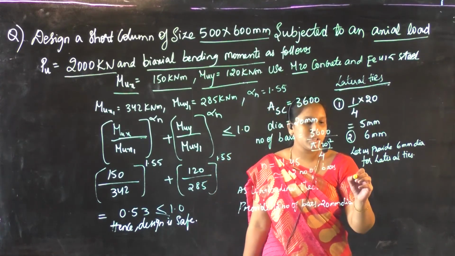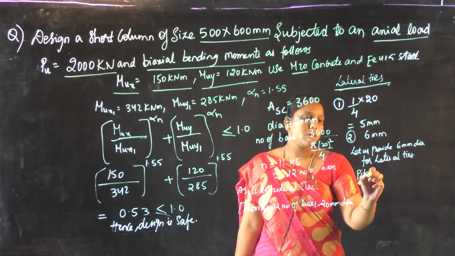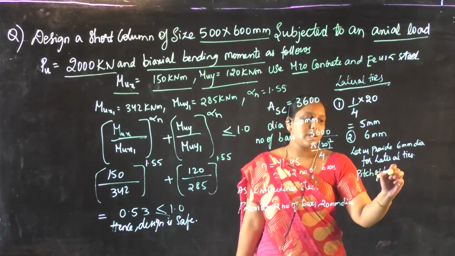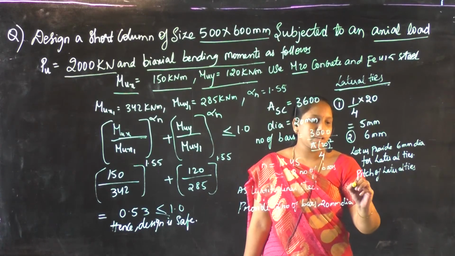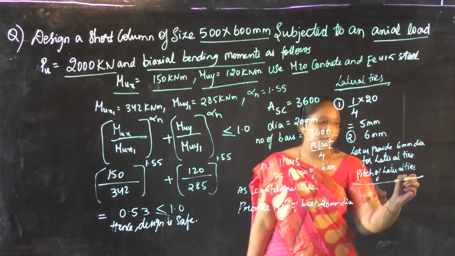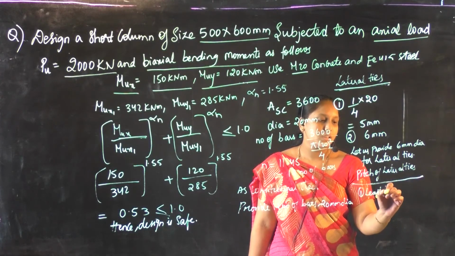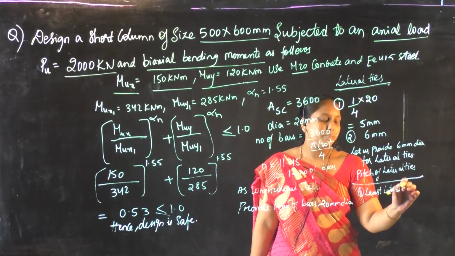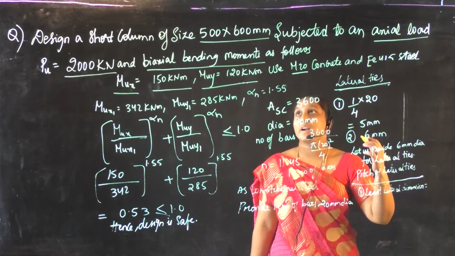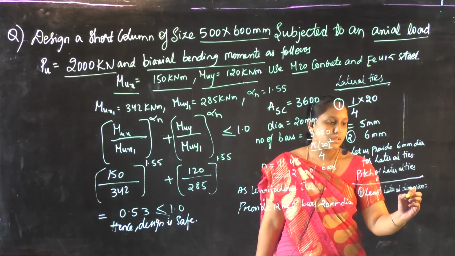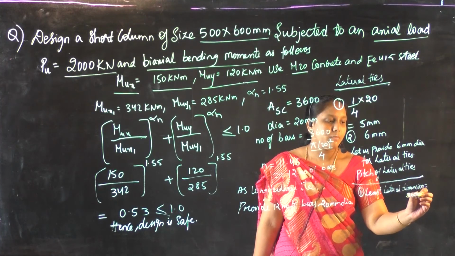And what is the next thing we have to find here? We have to find out the pitch of lateral ties. The pitch of the lateral ties should not exceed, one, the least lateral dimension. And what is the least lateral dimension here? It is 500 mm.